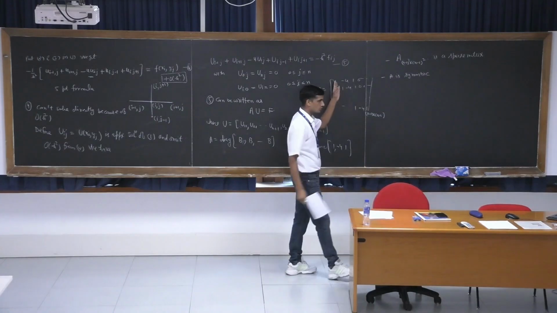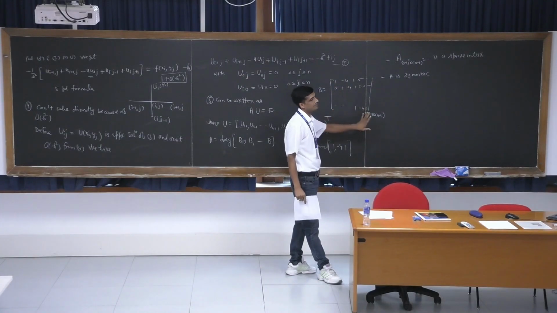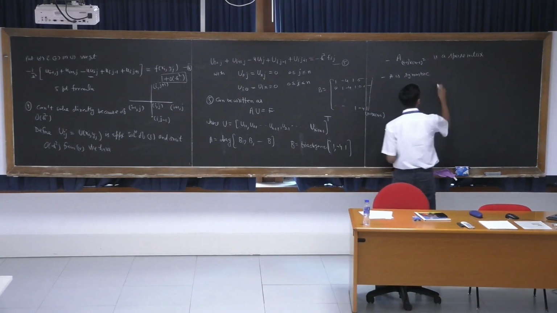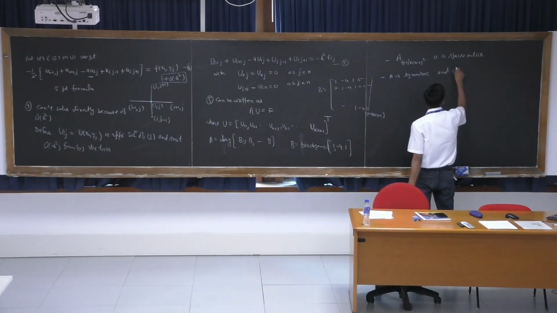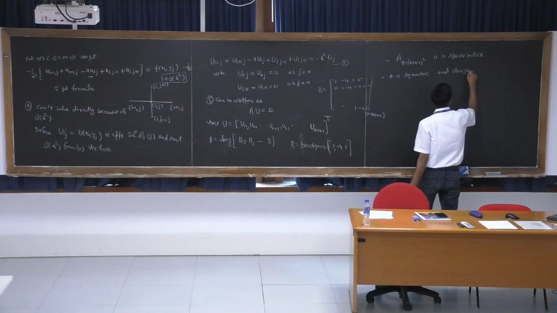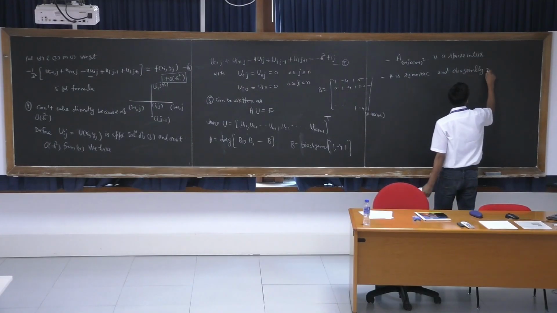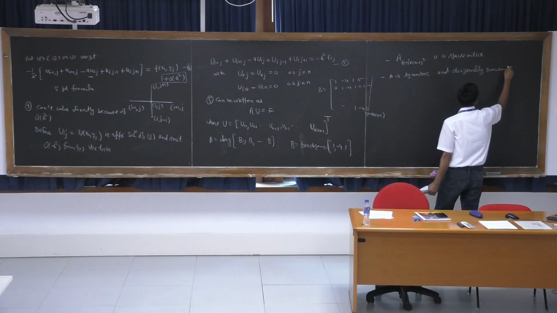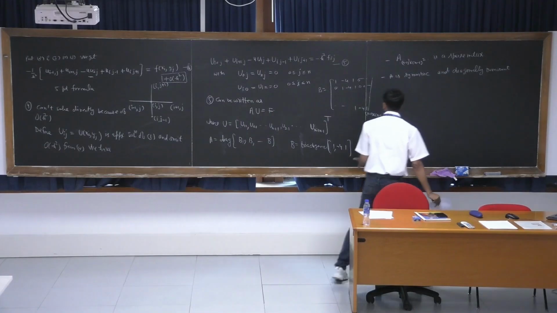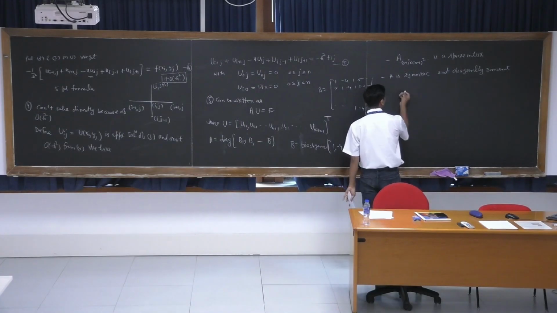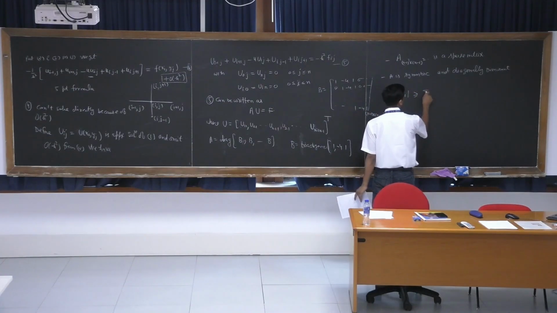And A is symmetric, because if you take the transpose of the B matrix, it will be the same thing again. Okay, symmetric matrix, and this is diagonally dominant. Diagonally dominant means a matrix is called diagonally dominant if its diagonal element is greater than or equal to the sum of the other elements in the row, j from 1 to n, j not equal to i.